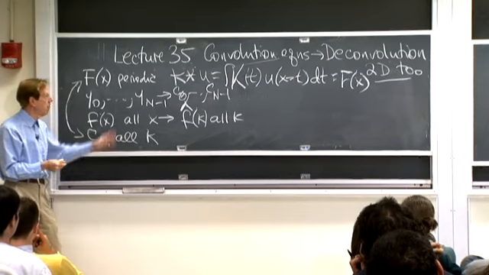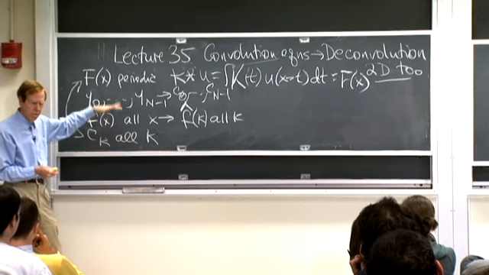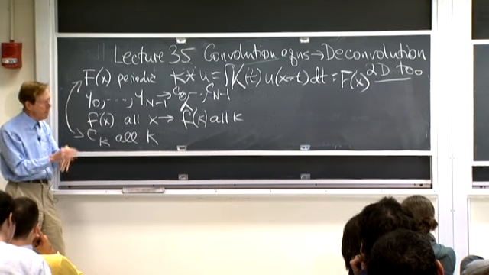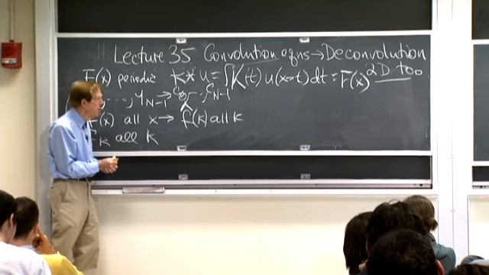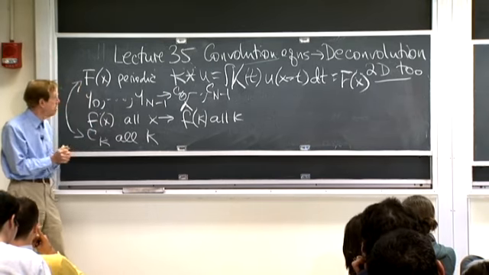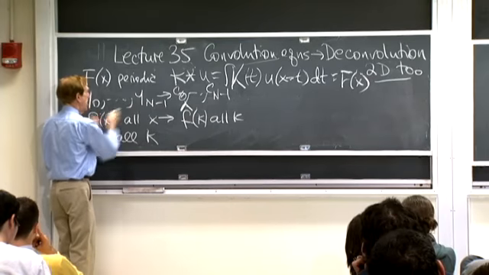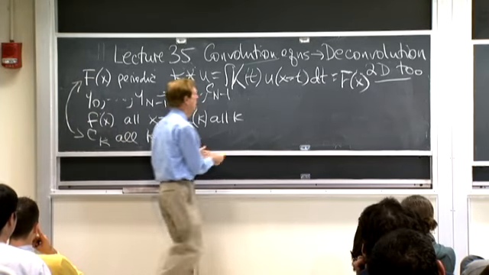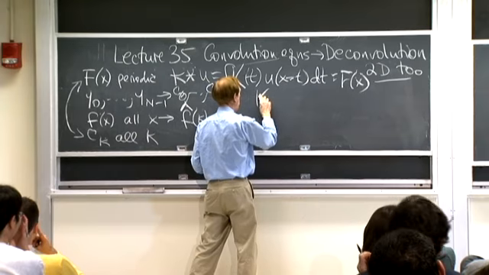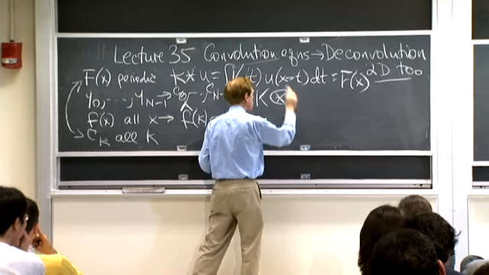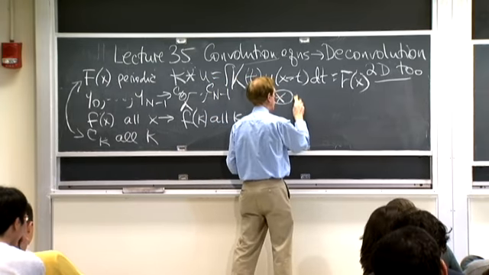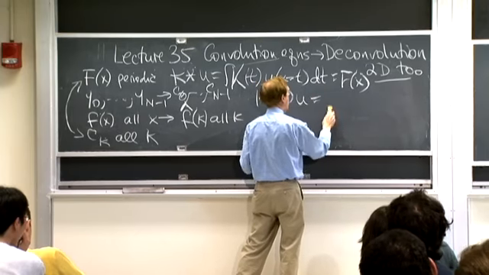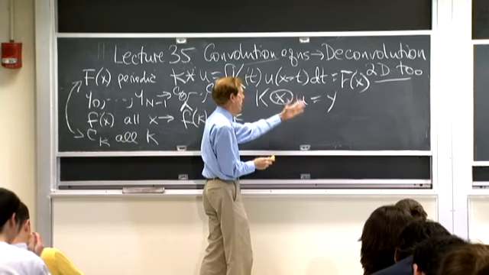Okay, can I write down the similar equations for the other three here, and then we'll just think, how would we find u? How would we solve them? So the equation here might be that some kernel, circled convolved with the unknown u, is some y. These are now vectors.